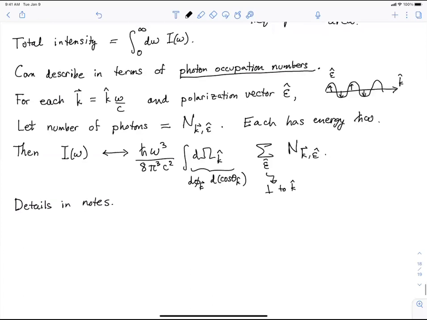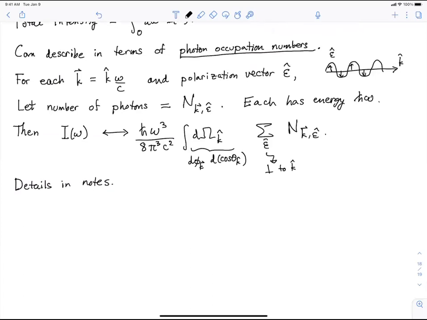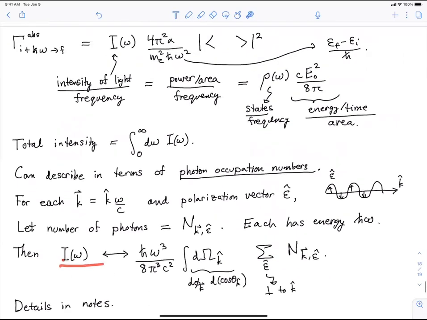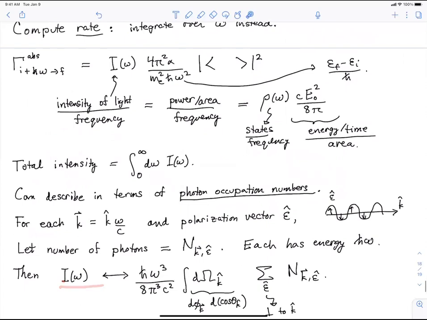Okay, so that's going to be useful in a little bit, the fact that we can translate the rate. The rate for absorption, as you might expect, is proportional to how many photons there are to absorb. If there are more photons to absorb, the rate will go up, proportional to the intensity, which is indeed appearing in the formula.